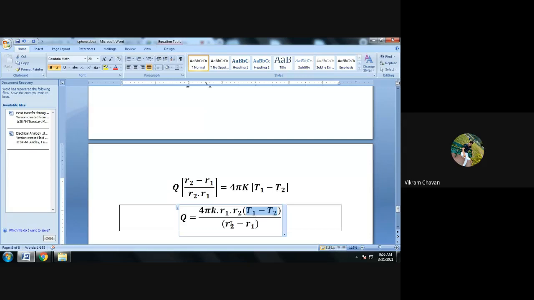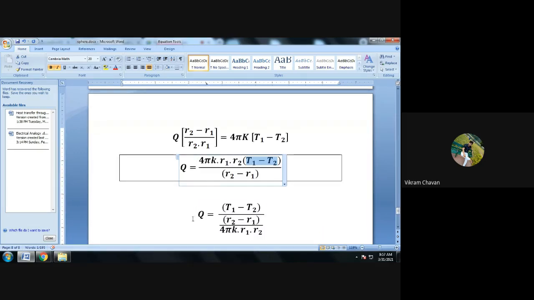So for that reason we have to shift the remaining part, other than the temperature in the numerator, to the denominator side. So if you shift this, we'll get the equation as q is equal to t1 minus t2 whole divided by r2 minus r1 divided by 4 pi k multiplied by r1 multiplied by r2.